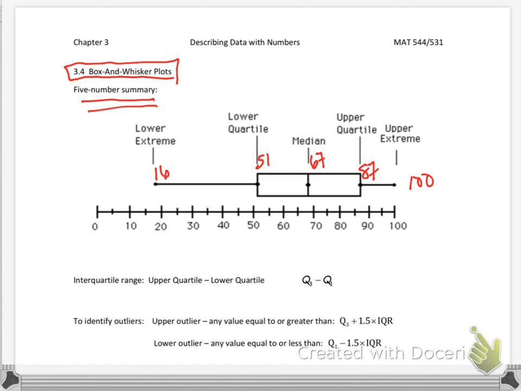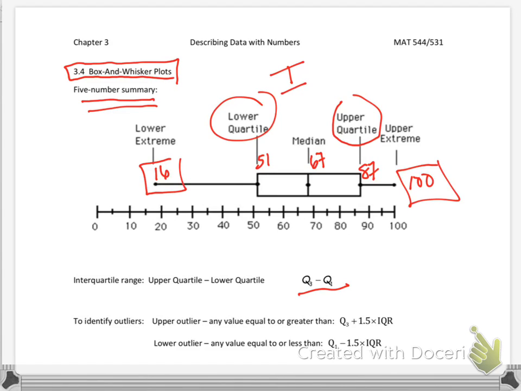The only numbers that I can definitely see are the lower extreme and the upper extreme. So I can do the range also from this, can't I? 100 minus 16 would be my range. The upper quartile minus the lower quartile, this minus this, will give you the interquartile range, which is your IQR.